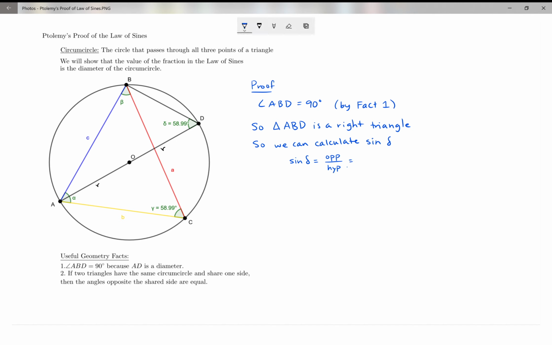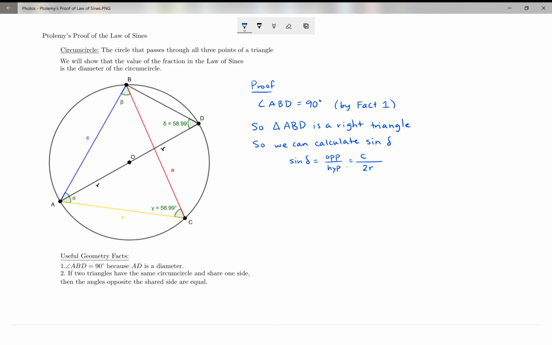In the case of triangle ABD, the side opposite delta is side C. And the hypotenuse of triangle ABD is that line A to D, and the length of it is equal to 2R. So we're going to write that in there. Now we've calculated the sine of delta.